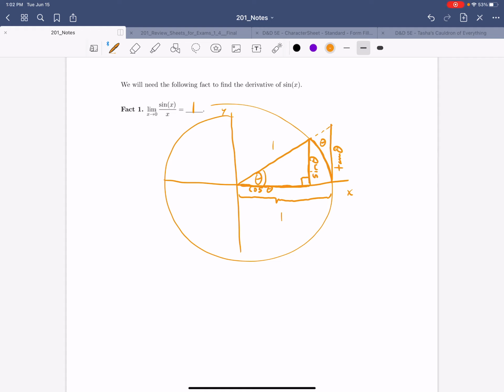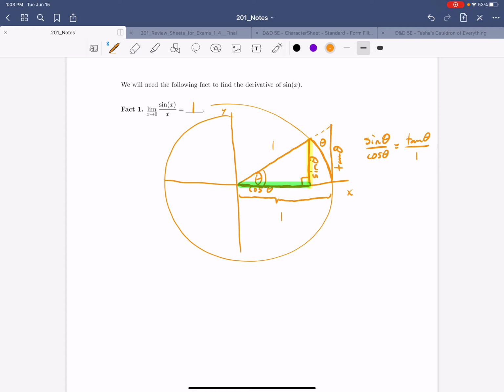So what you can see is that by the corresponding parts of similar triangles, sine of theta over cosine of theta, this side divided by this side, equals tangent of theta over 1.